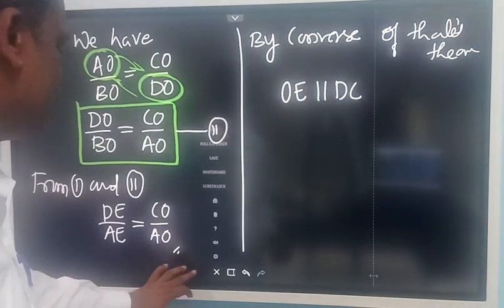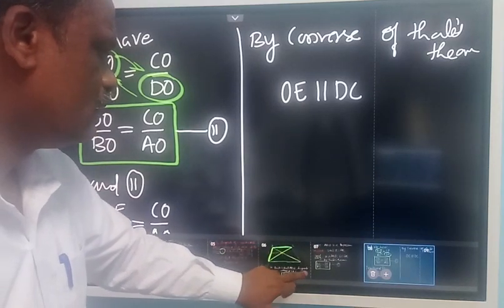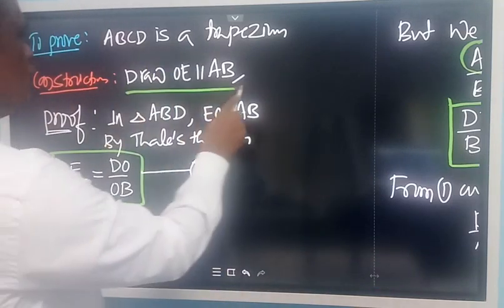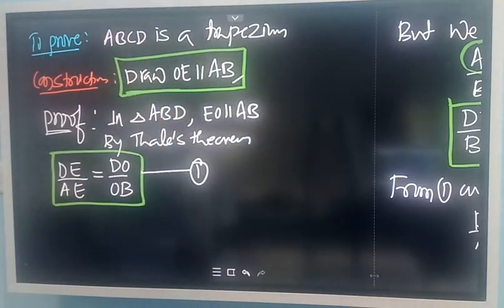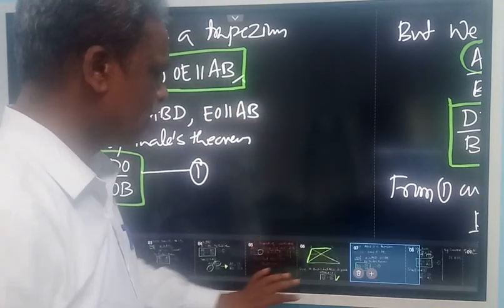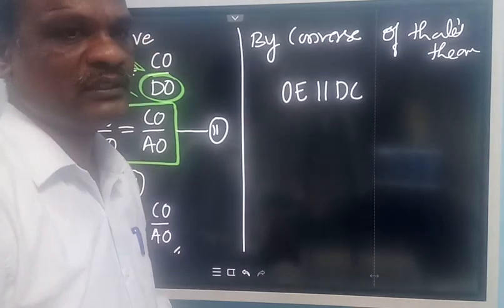Look at this once again. In the construction, what have we done? We have done OE parallel to AB. And in the proof, what did we get? We got OE parallel to DC.